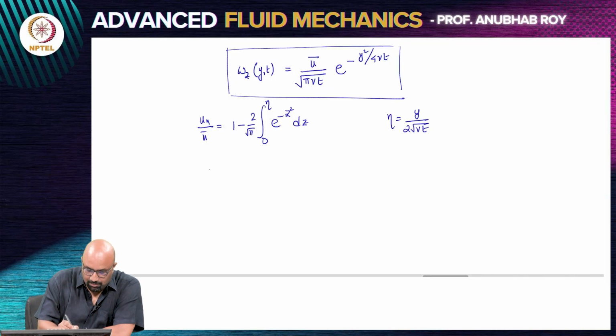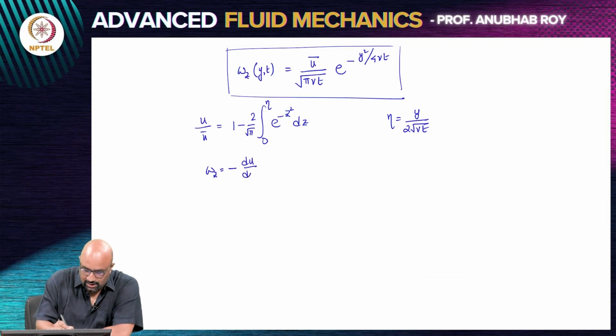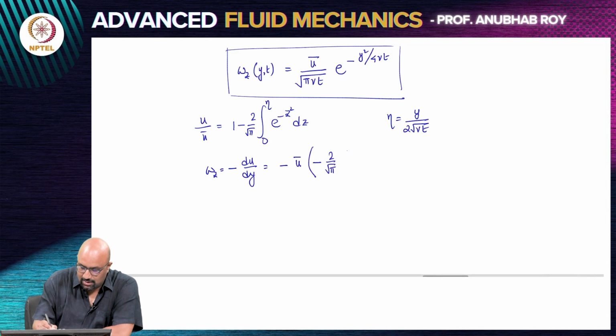So now if you compute, your vorticity is minus du dy. So that is minus u bar times minus 2 by root pi d eta dy exponential of minus eta square.